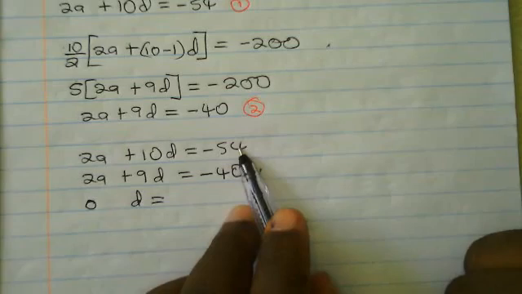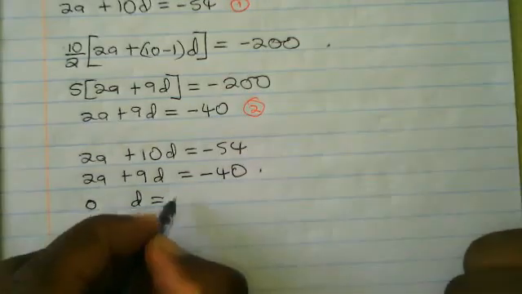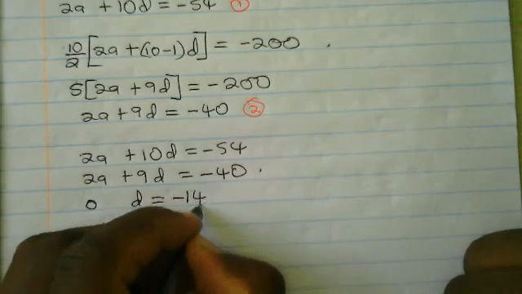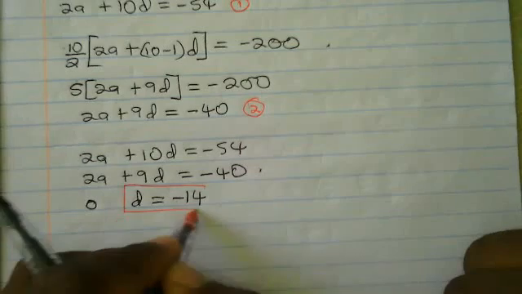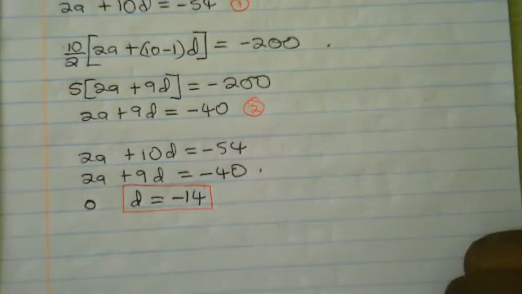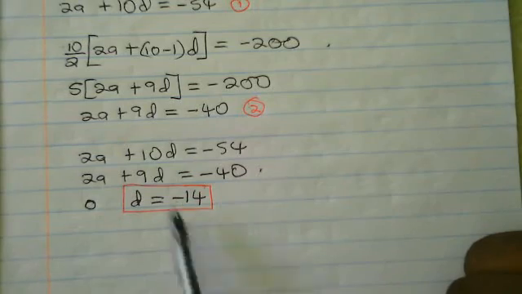Negative 54 minus a negative 40, that becomes positive there, so we get negative 14. So our d there is negative 14, and then make use of one of the equations to get the value of a.